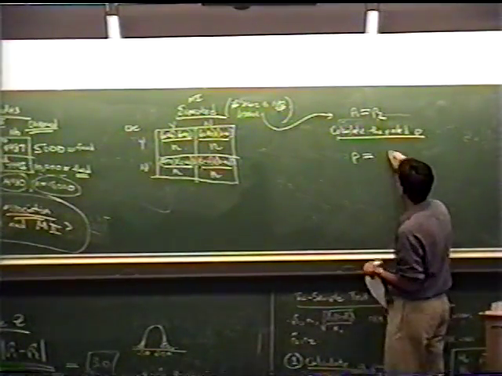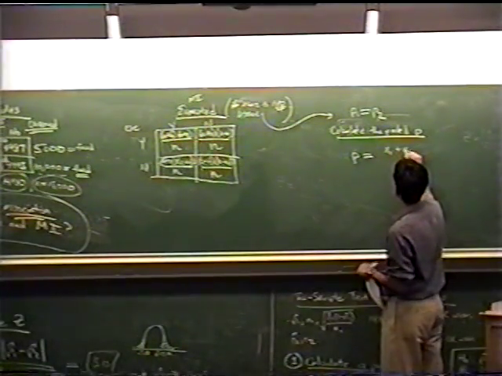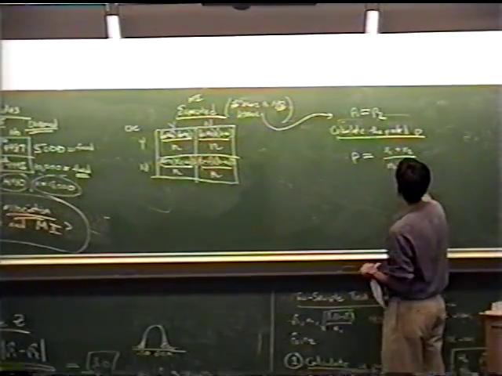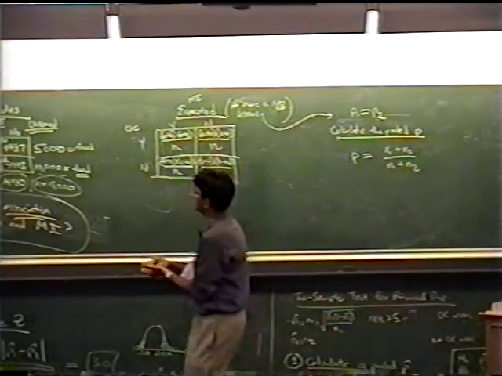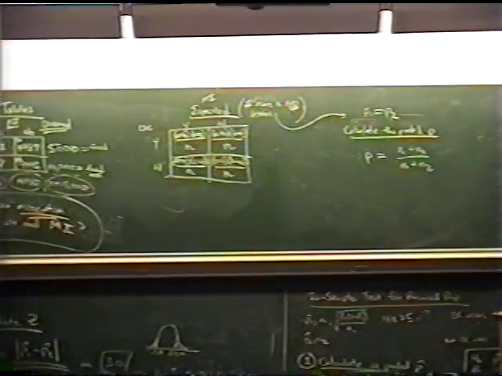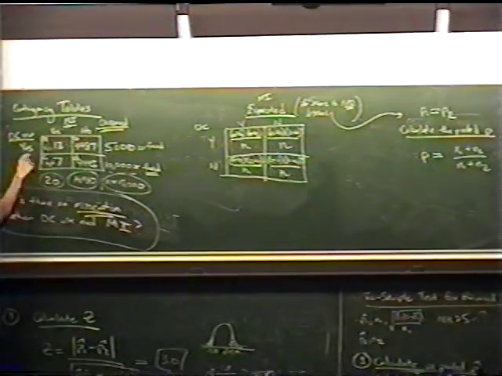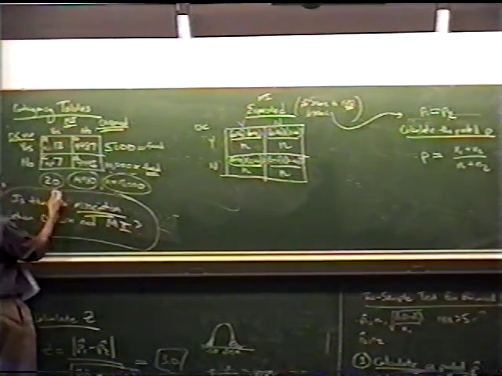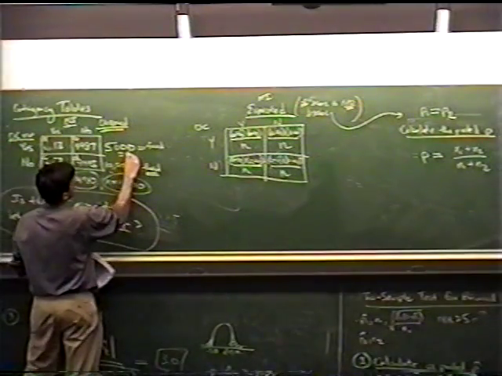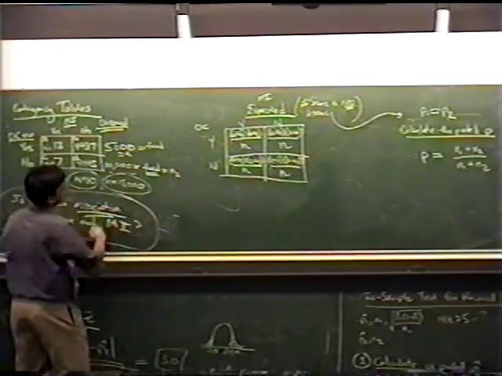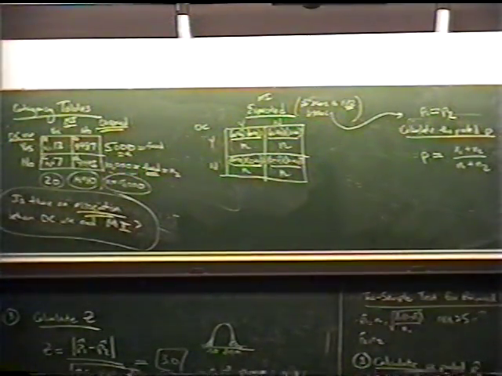That average P is x1 plus x2 over n1 plus n2. And remember what those are referring to. This is x1, this is x2, it's just the number of people with the heart attacks. This is n1, this is n2, the two different groups.